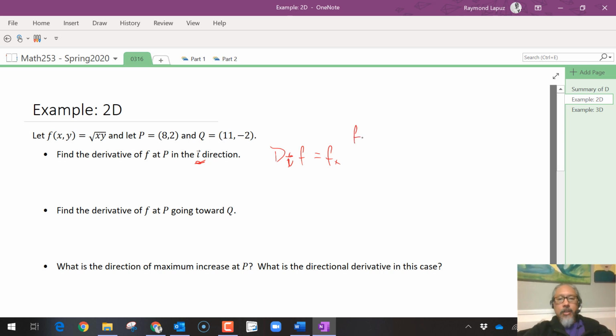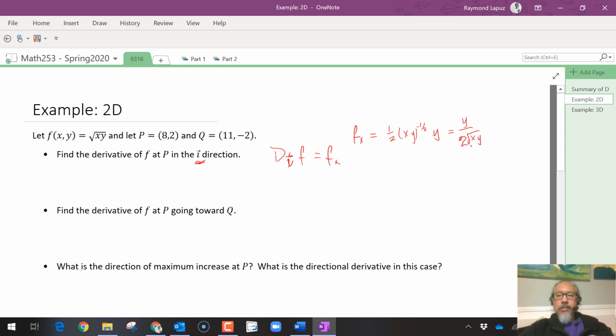Your f sub x is equal to the derivative of xy to the 1/2 with respect to x, so that's 1/2 times xy to the negative 1/2 times the derivative of xy with respect to x, which just gives us a y. So to rewrite it, this is y in the numerator and 2 times the square root of xy in the denominator.